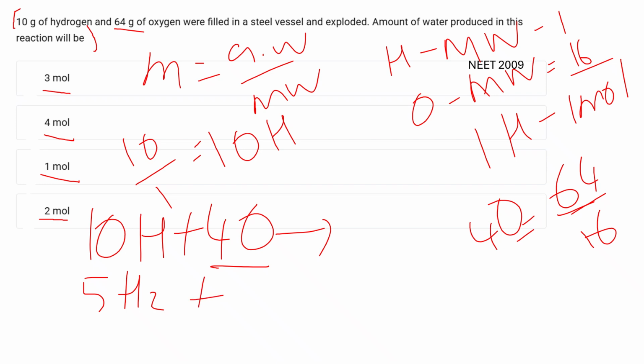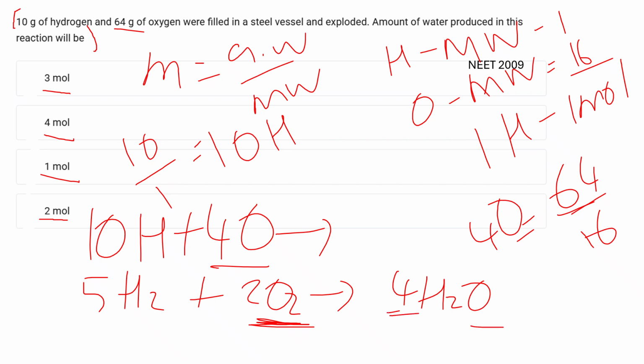O2 is a gas, so 2O2, which means there are 4 oxygens. It will give 4 H2O, because there are 4 oxygens. Oxygen is the minimum quantity, so it will decide the reaction. I wrote 4 oxygen. Then here there are 10 hydrogen. I used 8 hydrogen, then 2 hydrogen remain.